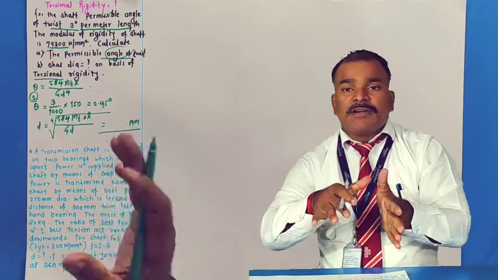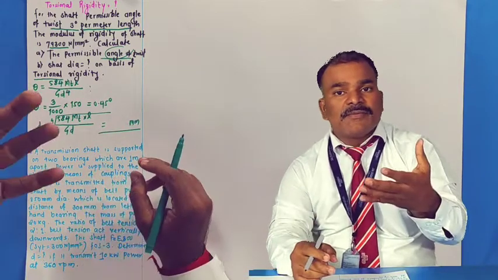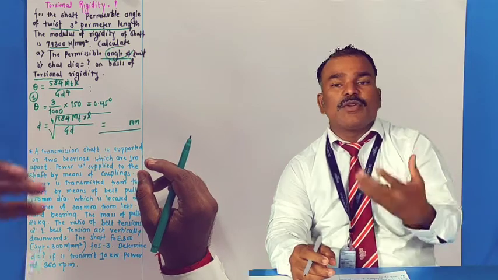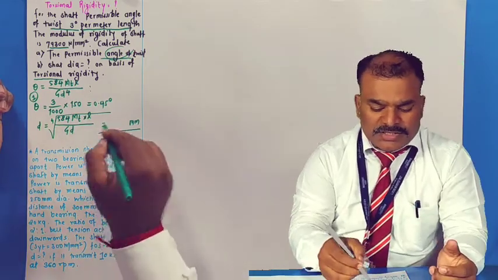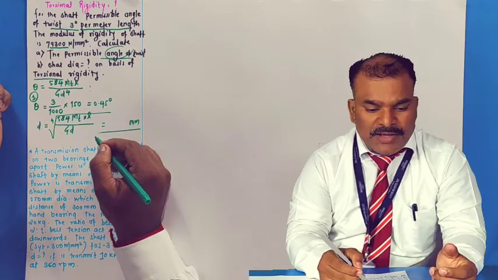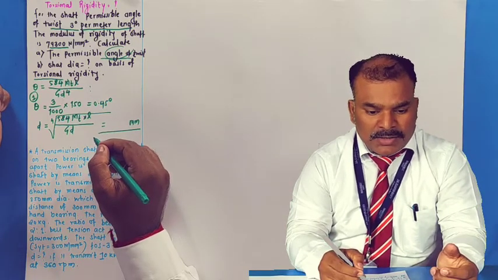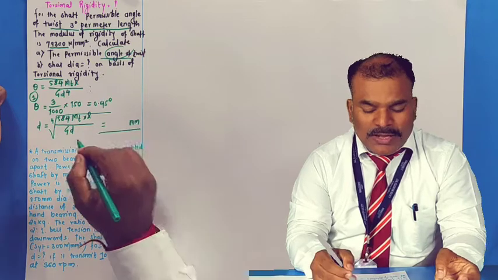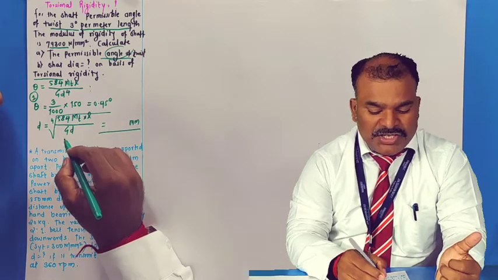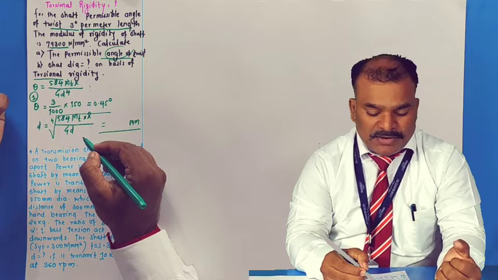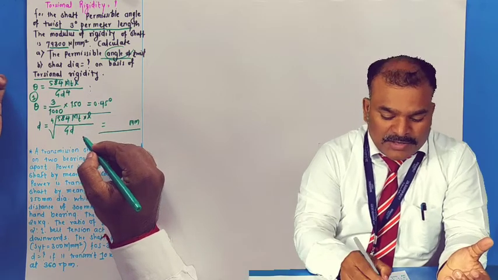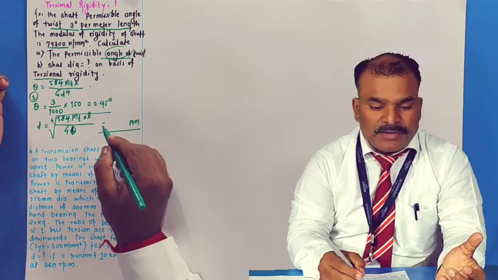This will be different compared to the solid shaft. Previously we calculated 46 point something, which we took as 50 mm. Now just do the calculation. The torsional moment we have is 1193662, times length 150, G the modulus of rigidity they have mentioned, 79,300, and theta 0.45 degree.